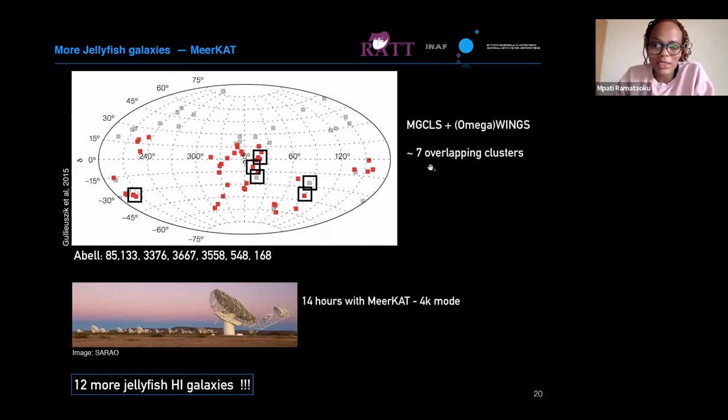And within those clusters, which are listed here, so this is a variety of clusters with different environments, we were able to find 12 more jellyfish galaxies. So this is exciting because now our sample has gone from 3 to 5-ish to now 12 more jellyfish galaxies. Now we can really ramp up these studies.